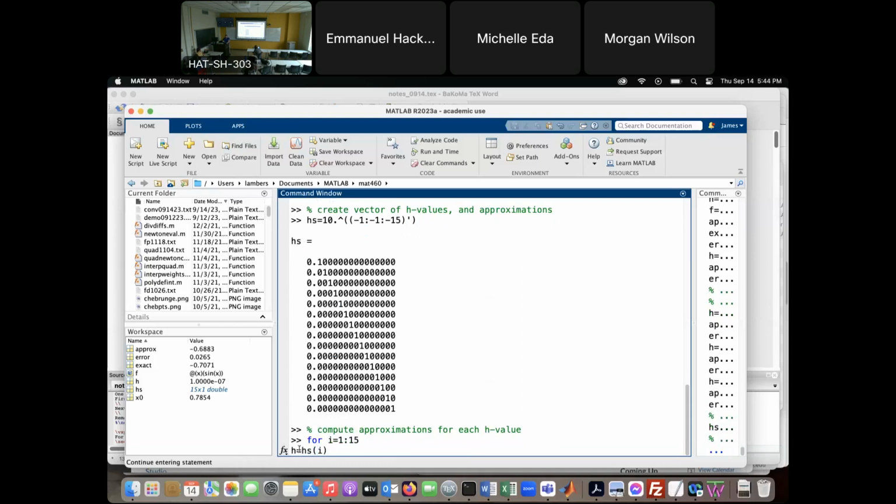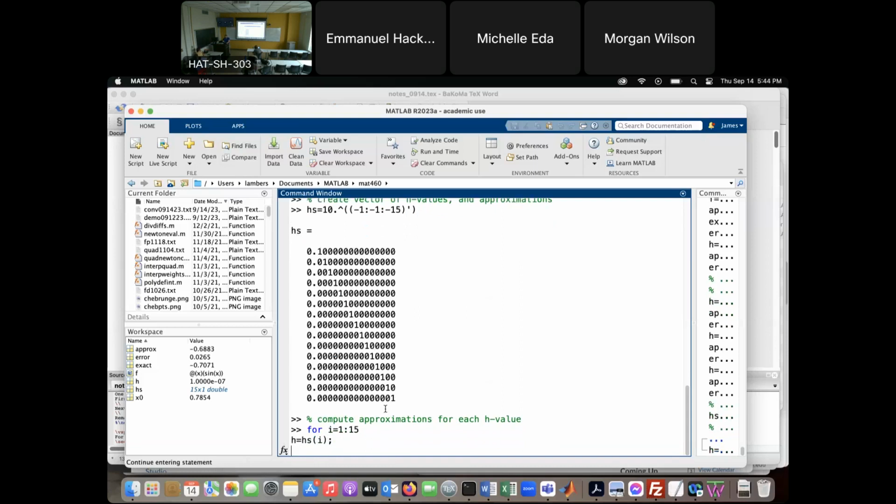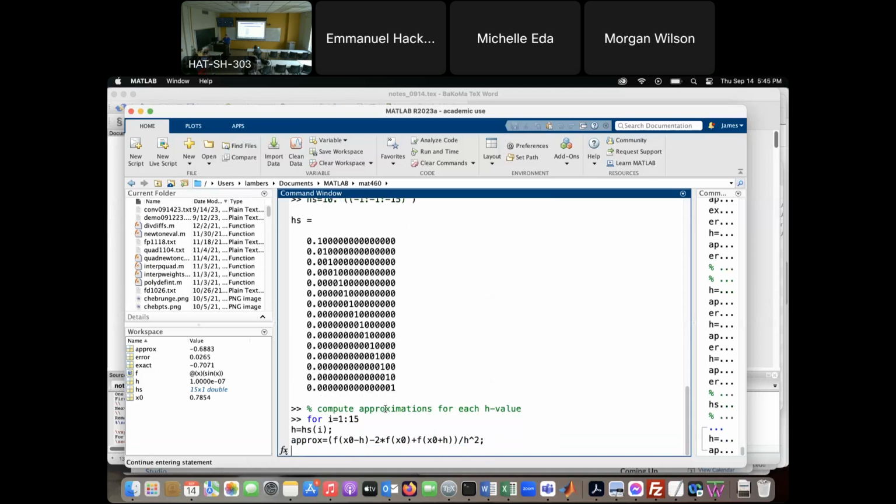So I take h to be an element of this vector, and then I scroll back through my commands to compute the approximation with that h. It's the same command as before. You can use your up arrow to get to it.